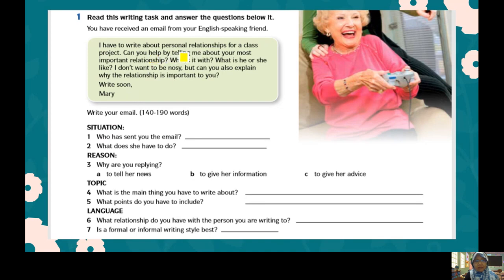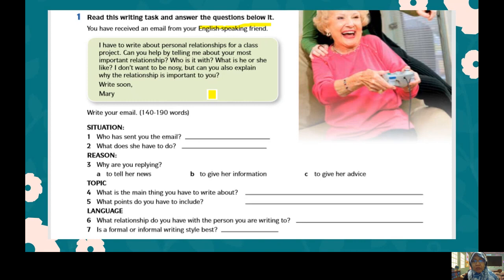English speaking friend. So what is inside the email? I have to write about personal relationships for a class project. Can you help by telling me about your most important relationship? Who is it with? What is he or she like?